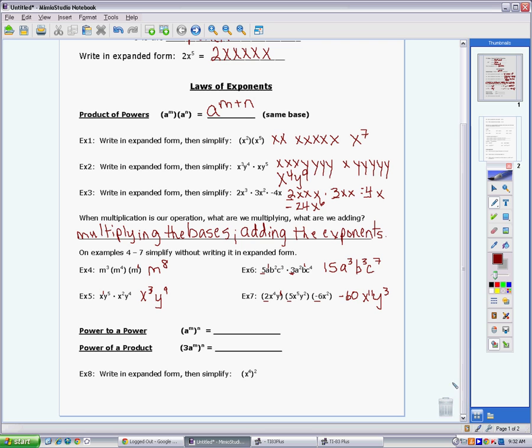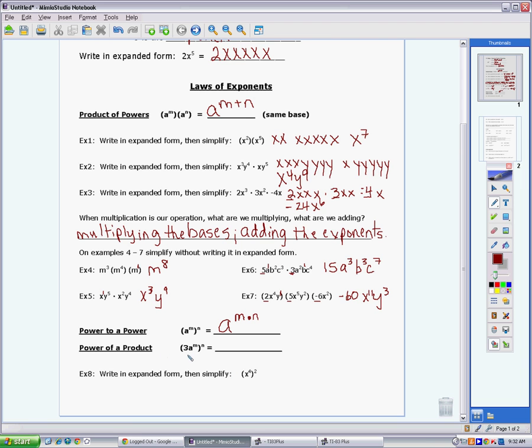Okay, our next law of exponents is power to a power and power of a product. Okay, power to a power. I'm raising a power to a power. That means the a to the m becomes the base. So whenever I'm raising a power to a power, we're going to end up multiplying the two exponents together when it's raised from a power to a power.